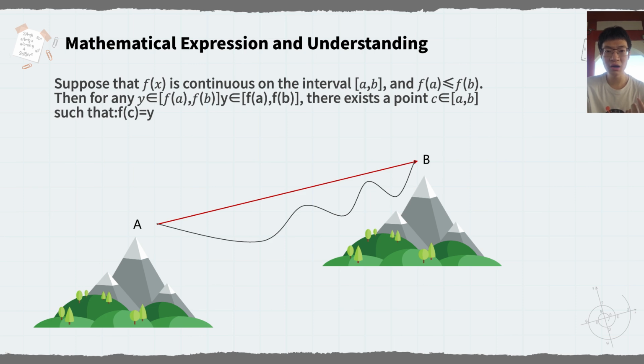Then for any y belonging to the closed interval from f(A) to f(B), there exists a point C belonging to the closed interval from A to B, such that f(C) equals y. So in other words, if you choose the value y between f(A) and f(B), the theorem guarantees that there will be a point C within the interval where the function value exactly equals y.